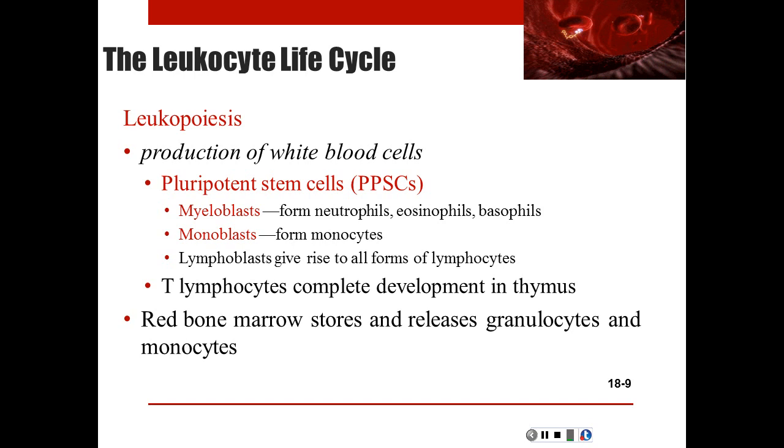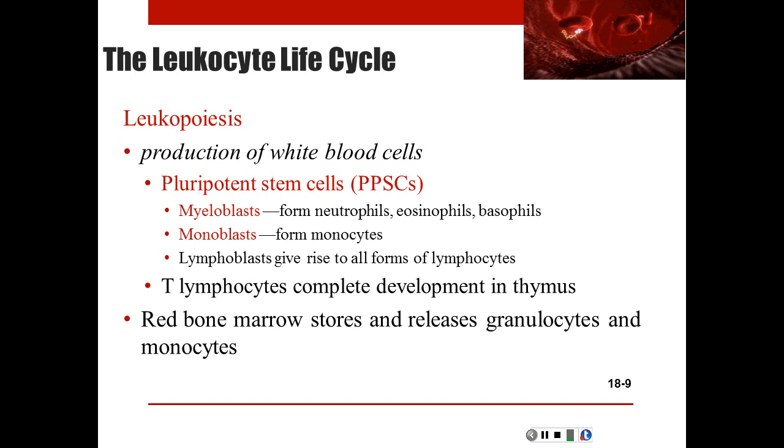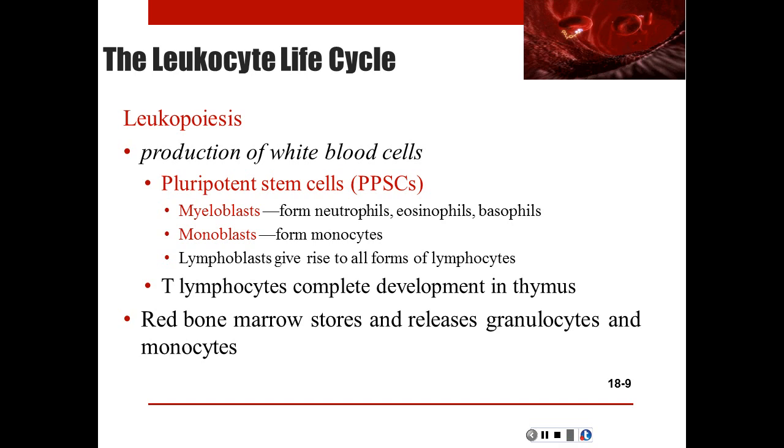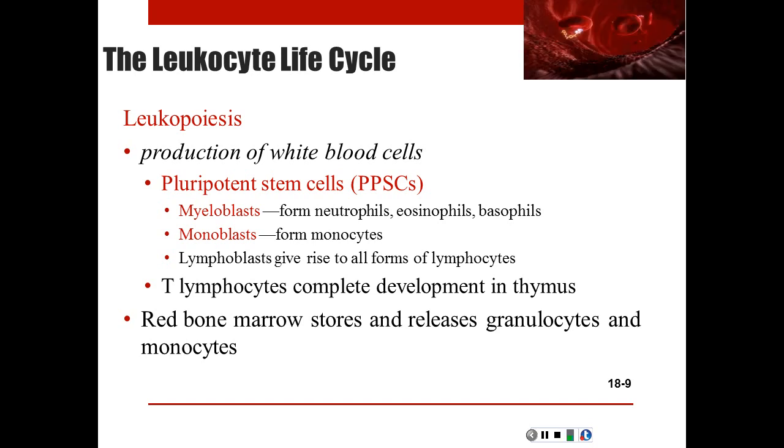Some HSCs, our hemopoietic stem cells, differentiate into distinct types of CFUs, our colony forming units, and then they go on to produce 3 cell lines, each now irreversibly committed.